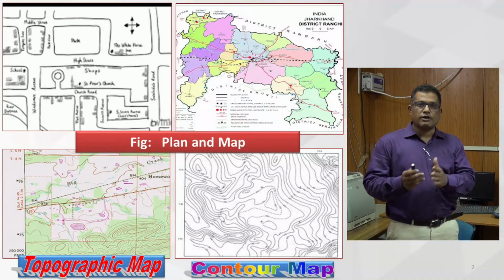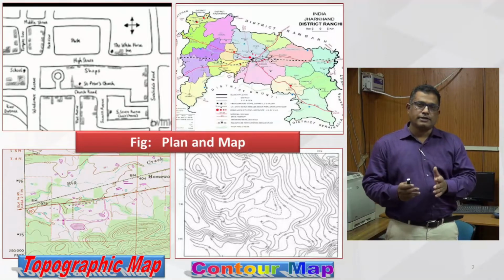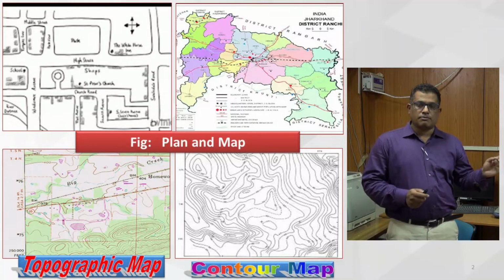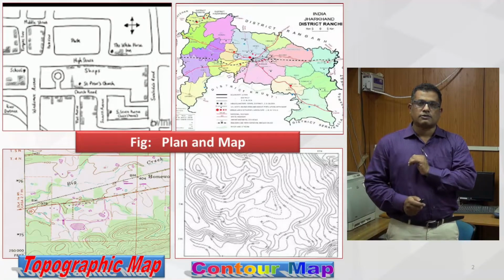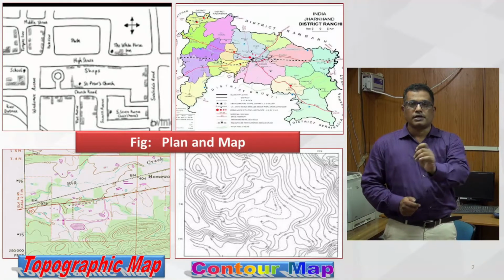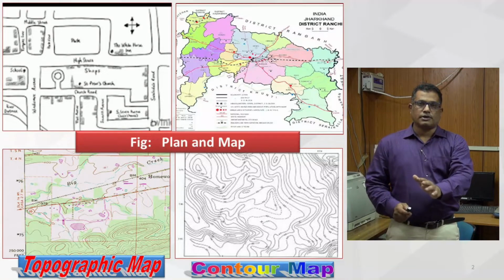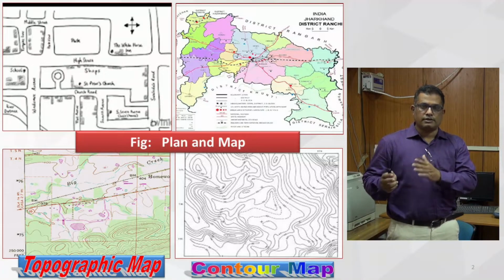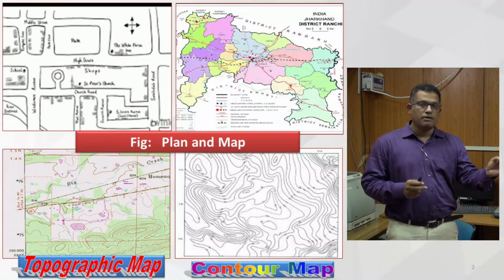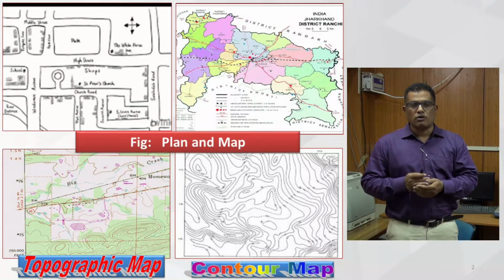It is written as 1:500 or 1:50,000. That means one part on the map will represent 500 parts, or 50,000 parts, on the ground, as per the case. So each point on the paper or the map represents the corresponding point on the ground or the field.